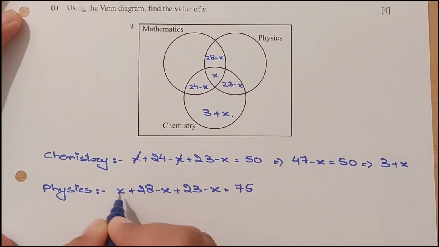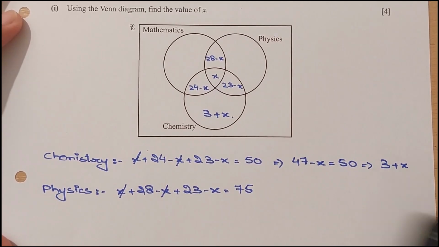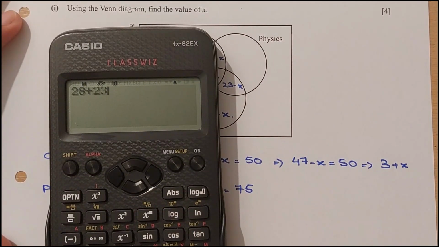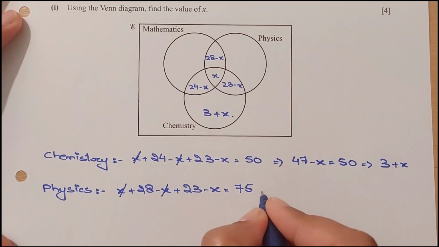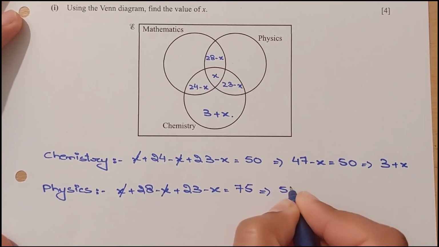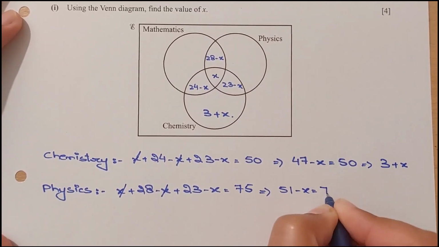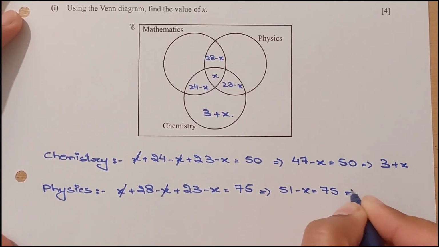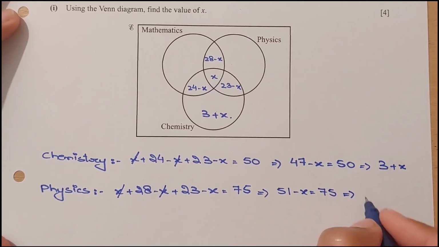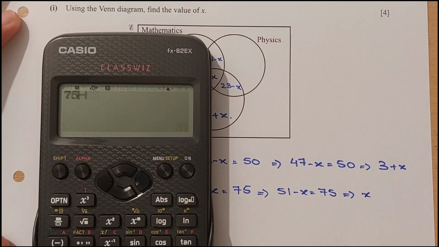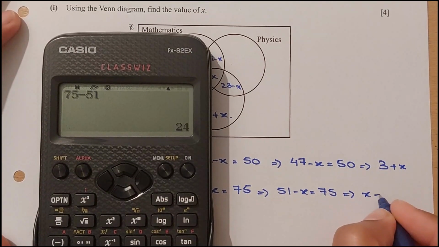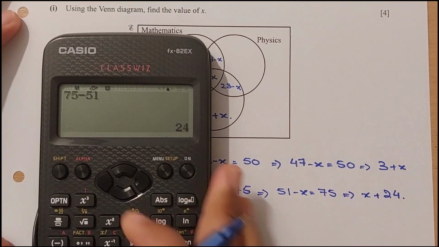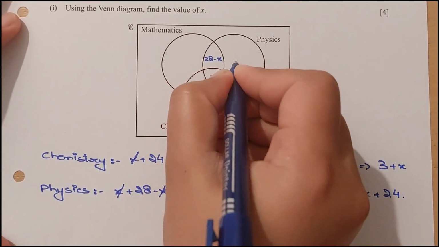Again we can cancel positive and negative X. 28 plus 23 is 51, so 51 minus X equals 75. Shifting all the terms to the right side, we have X and 75 minus 51, which is 24. Physics is X plus 24.